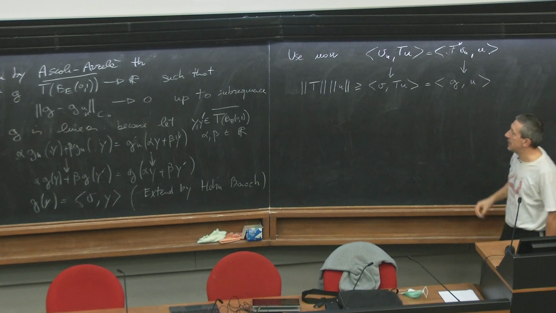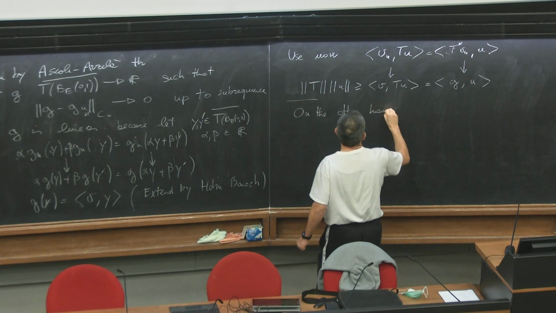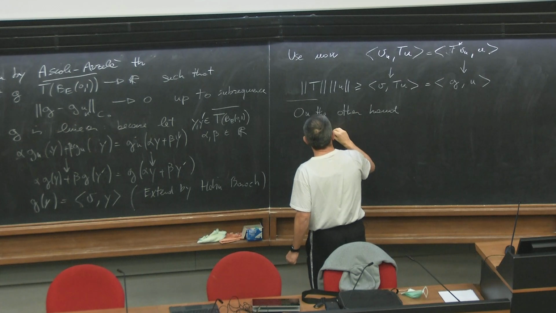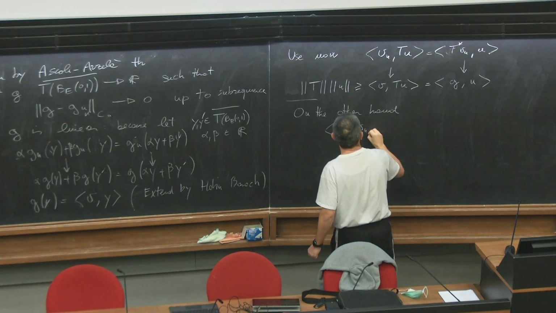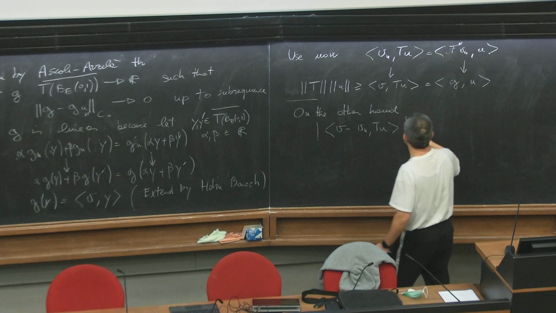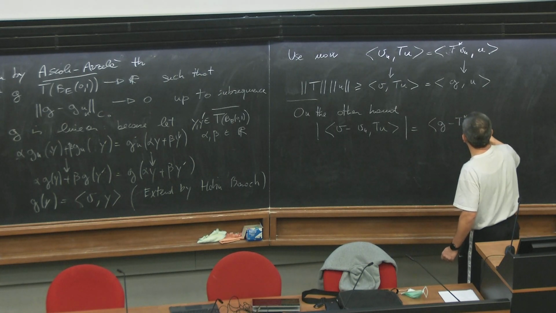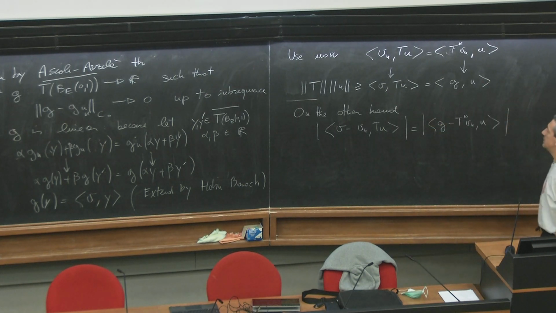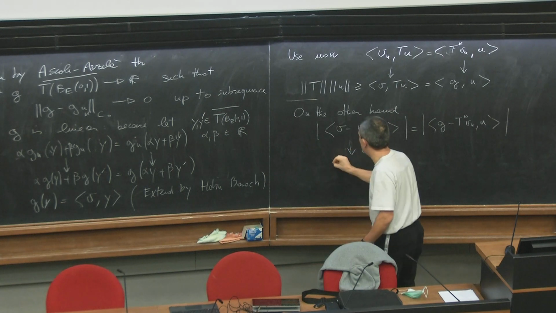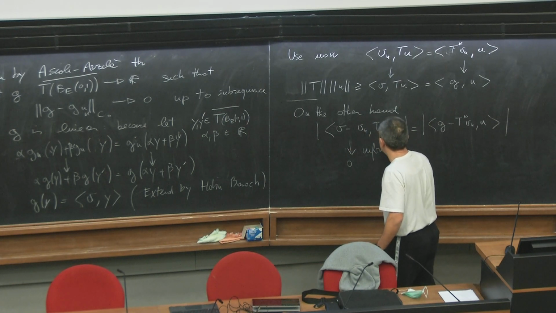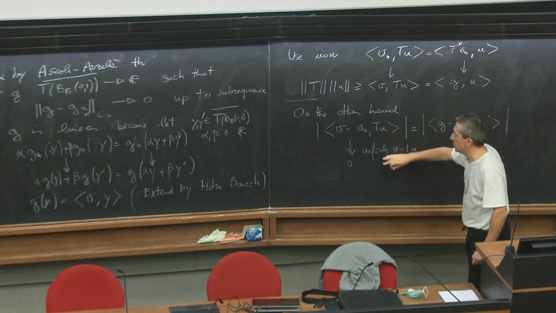On the other hand, let's go back: G minus V_n(TU) is equal to G minus T star V_n(U), and this tends to 0 uniformly with respect to U. So the supremum with respect to U of this goes to 0.